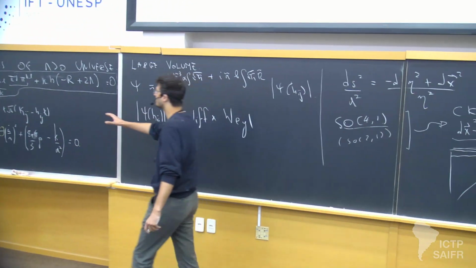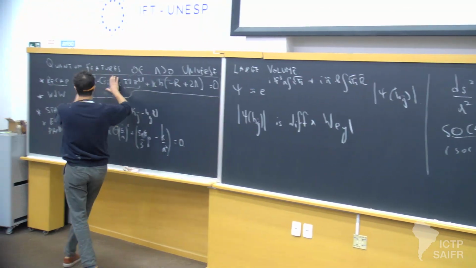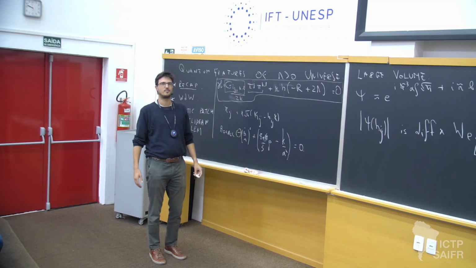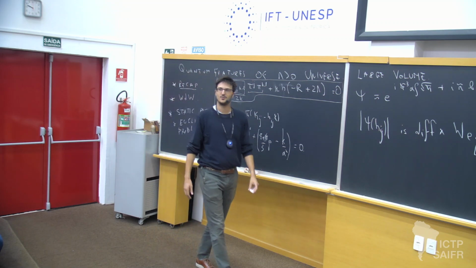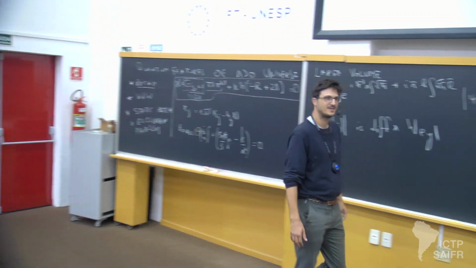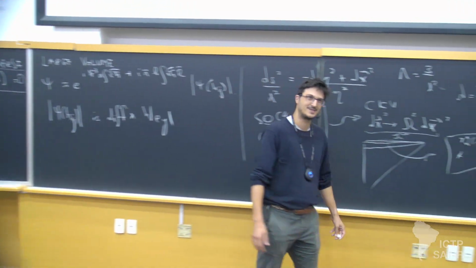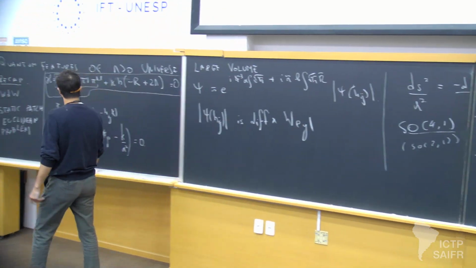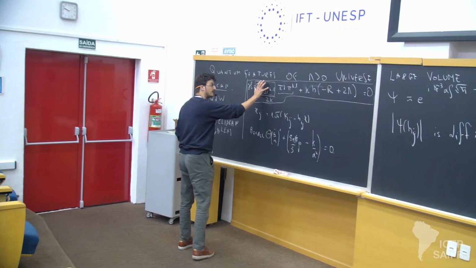Because this metric on the space of metrics, which people sometimes call superspace, the space of all metrics, is a space known as superspace that has nothing to do with supersymmetry, but it is a superspace. And it has negative directions.